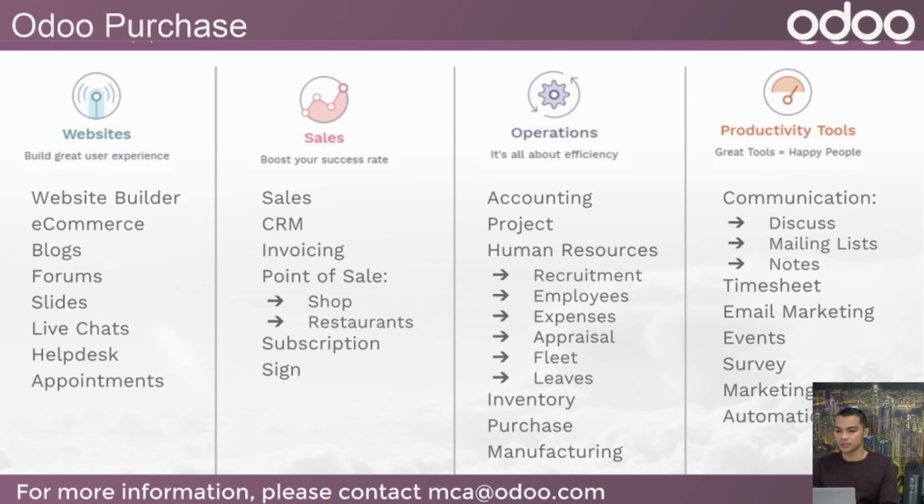In terms of operations, we help handle large quantities of sales transactions and physical inventory management. In terms of productivity, your company's documentation of various processes can be easily recorded, such as timesheets, and we can also help manage your email marketing, your events and things of that nature.